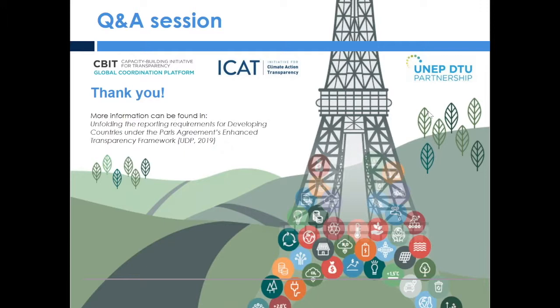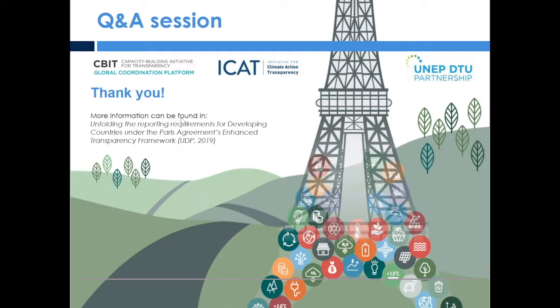Okay, thank you, Henning. Let's see, there are a lot of questions coming in, actually. I think there are two questions related to national communications and the biannual transparency report, so I'll ask them in one go. What additional information is expected as part of the national communication beyond what is covered by the biannual transparency report? And the second question, which is related to the same topic, is how would the national communication reporting be in the presented time frame?